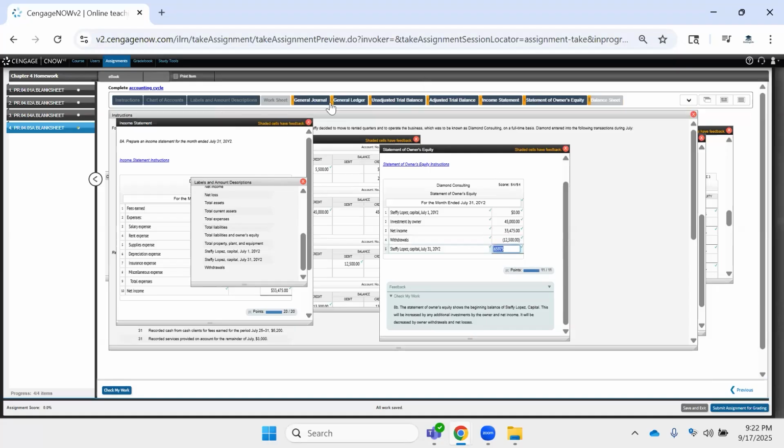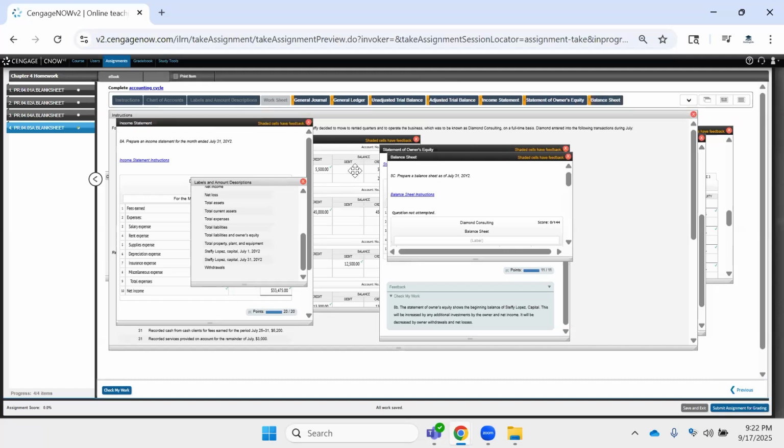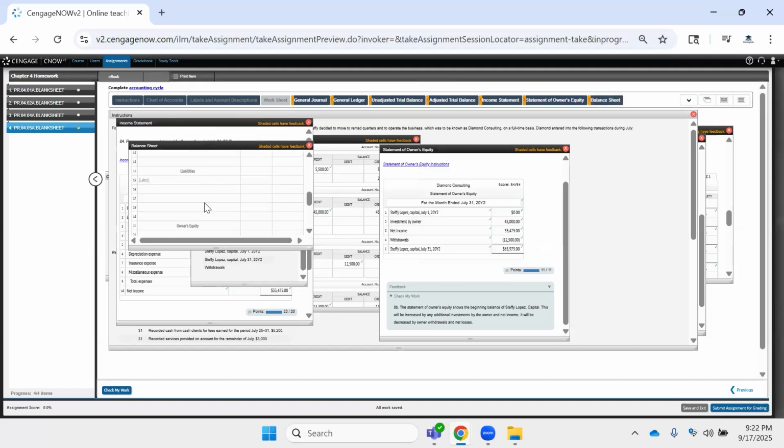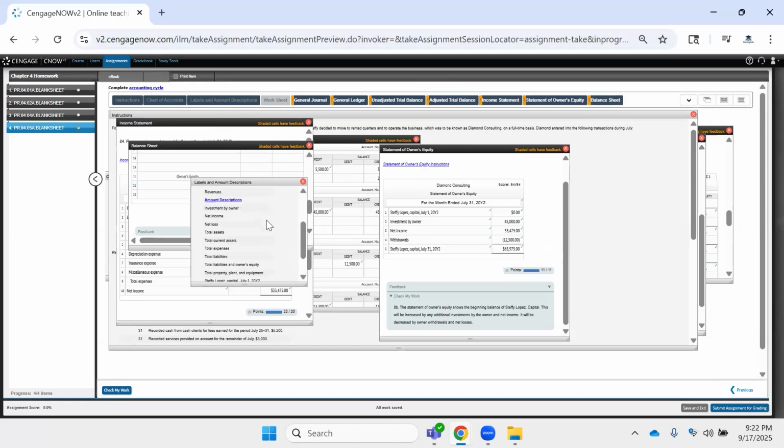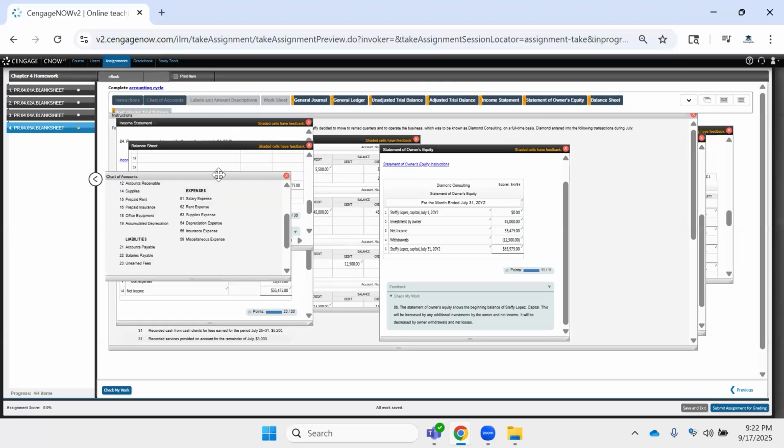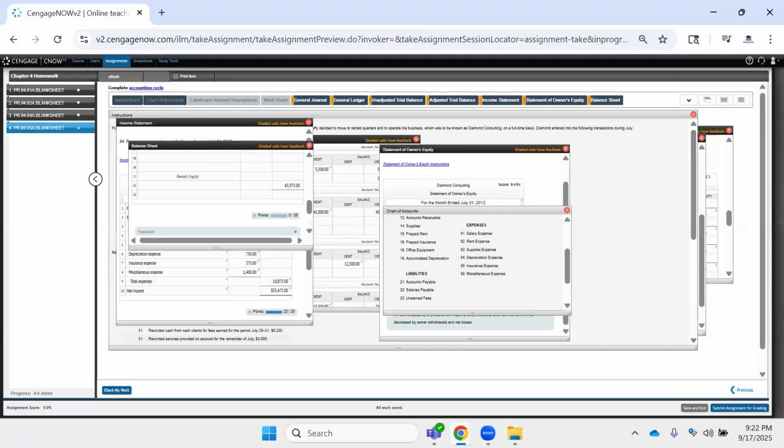And then if we go to our balance sheet items, we need to take our owner's equity amount. So we can put that in right at the beginning here. Owner's equity, the only amount on here is going to be the capital account, which is going to just be from our chart of accounts, I believe.